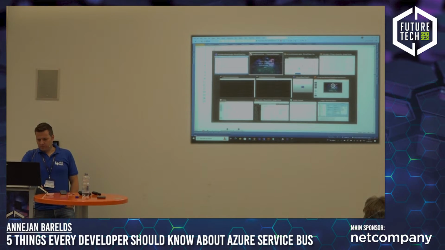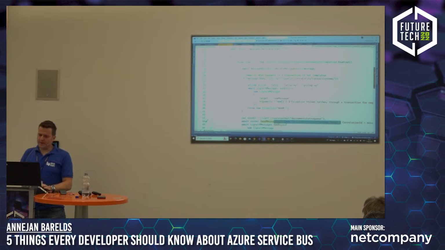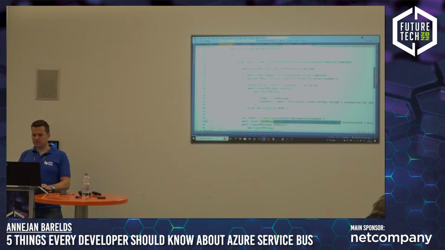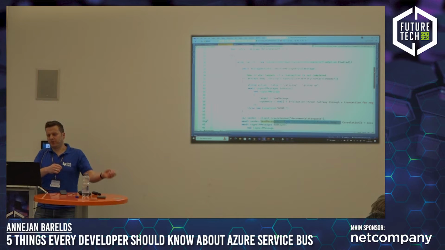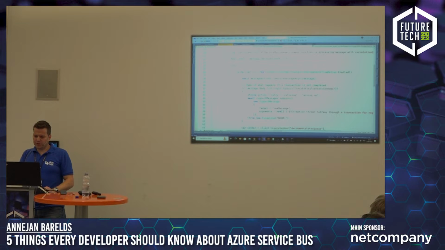So in my demo, just to prove the point that it actually works, and this is a bit of an ugly piece of code, I'm sending a message to a function. The function is doing something with it, and if it's the first time it receives it, it will retry it.